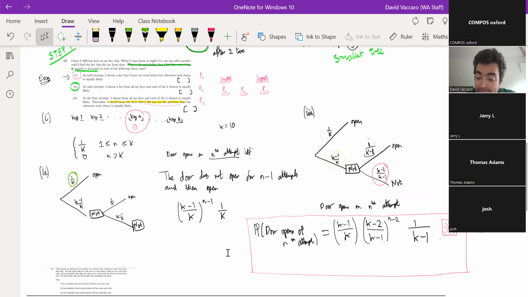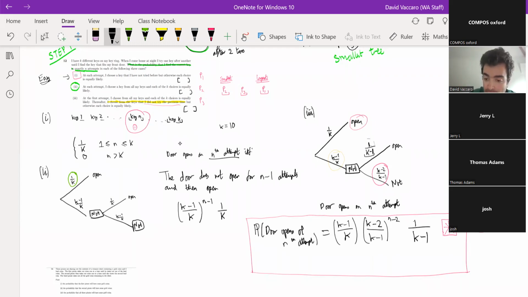Is there any value for n for which this does not work? Yeah, there's only one special case where this fails, which is opening at the first attempt, because that is a special case, and opening at the first attempt is just 1/k.